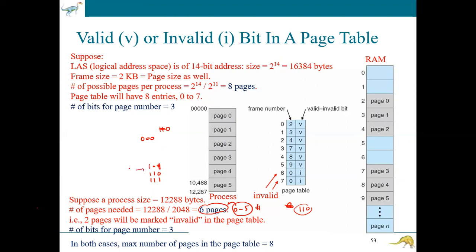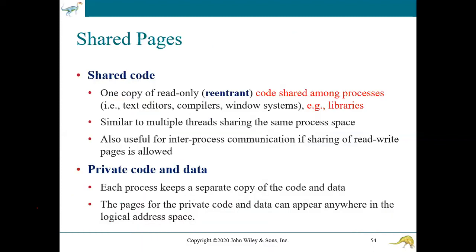This 5 is 101, 6 is 110, 7 is 111. So the 3 bits are actually required, because you cannot get to 101 without even 4. 100 is 4. So you require these bits to be set, and for the other pages the most significant bit is not set. So the logical address is defined there.